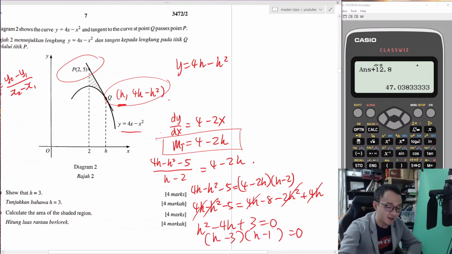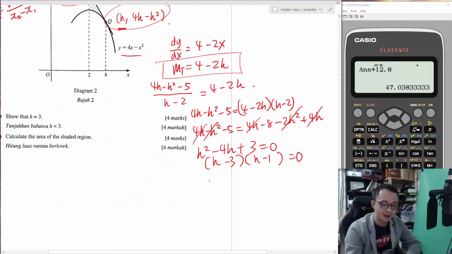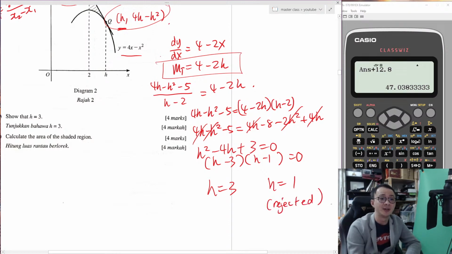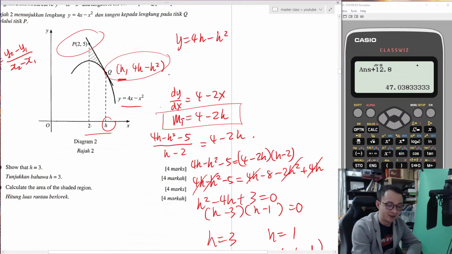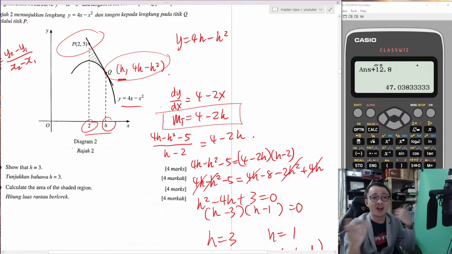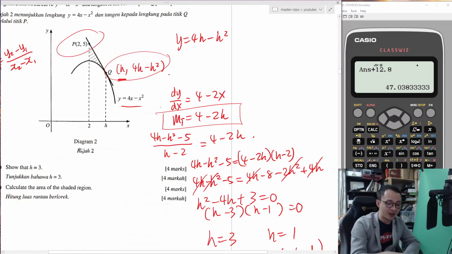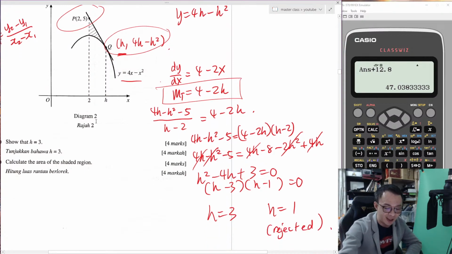Since h is the value after the 2, h equals 3 or h equals 1. This one will be rejected based on the graph position. Okay, because you see h here is after the 2, right? So it cannot be h equals 1 here. Therefore, h equals 3. They asked us to show, so I will just say shown.